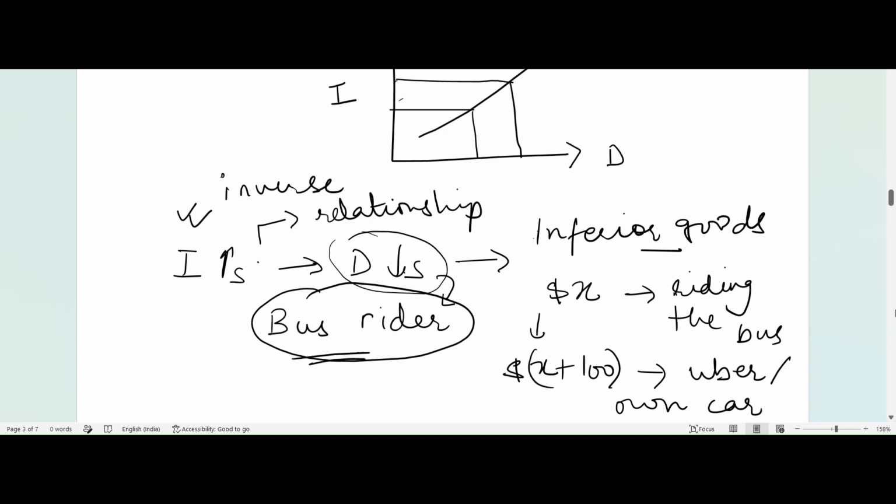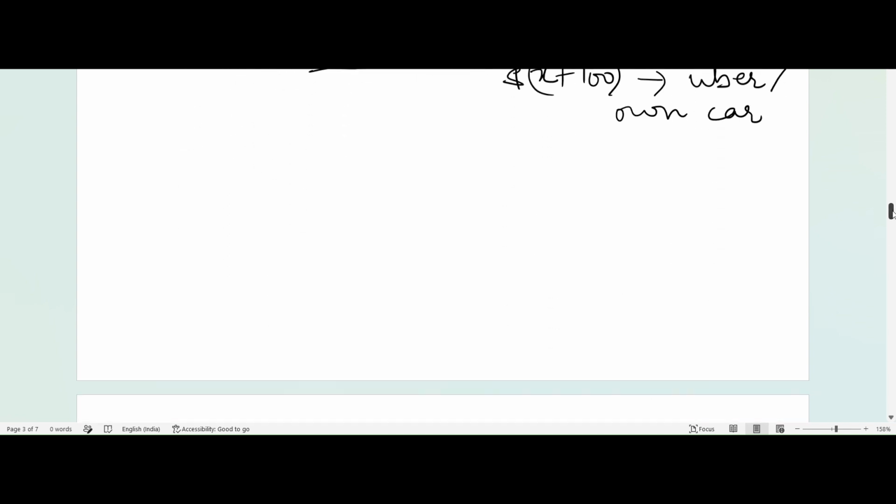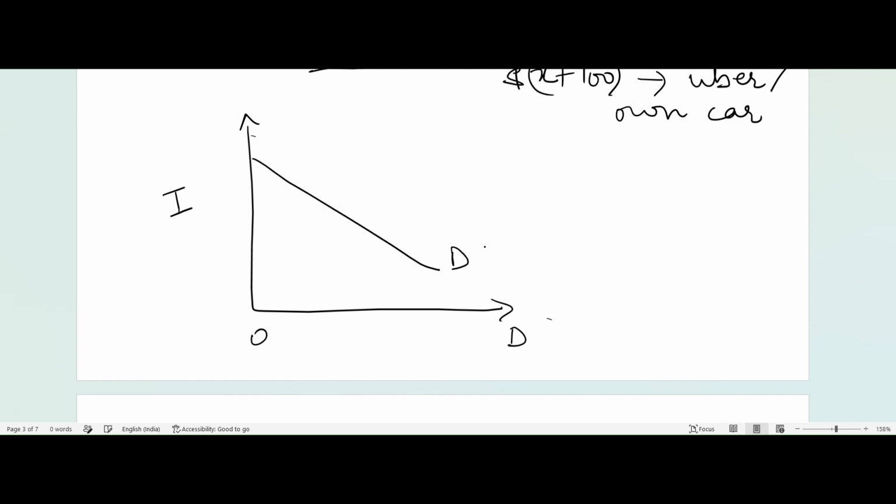Okay? And the graph for this, with respect to income and demand, would be a downward sloping line. The demand curve would be this one.